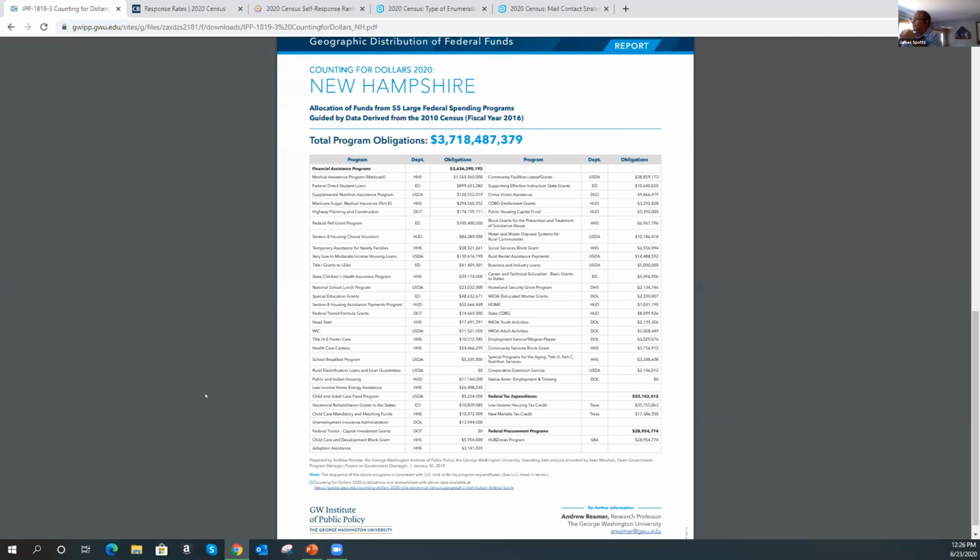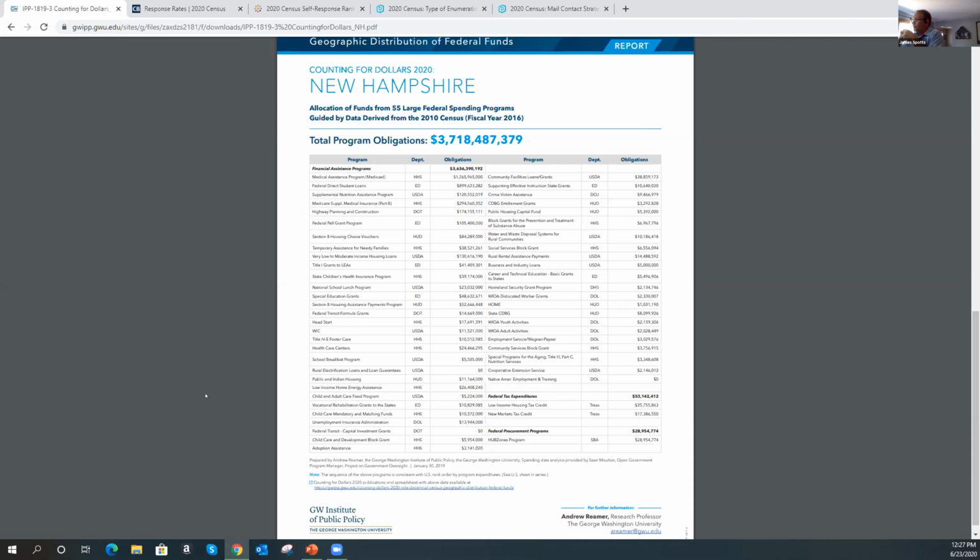But before I get started, I'd like to hammer home why the census is important. About $675 billion annually is reallocated to state and municipal governments based on census information. For the state of New Hampshire, for just the programs, that's $3.718 billion that comes back to the state annually. When you add on block grants, you're looking at about $4.2 billion.